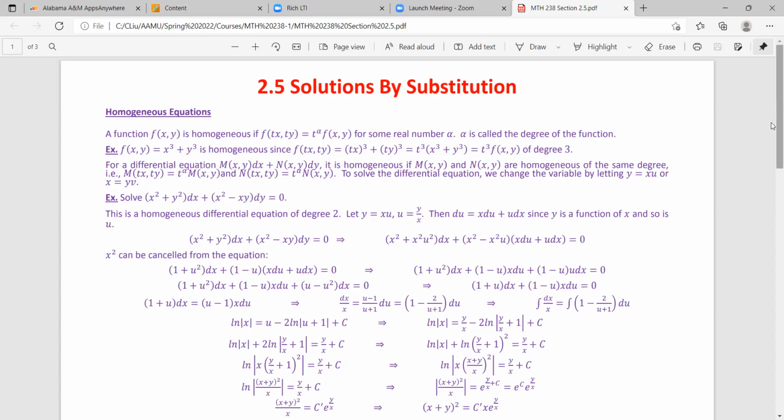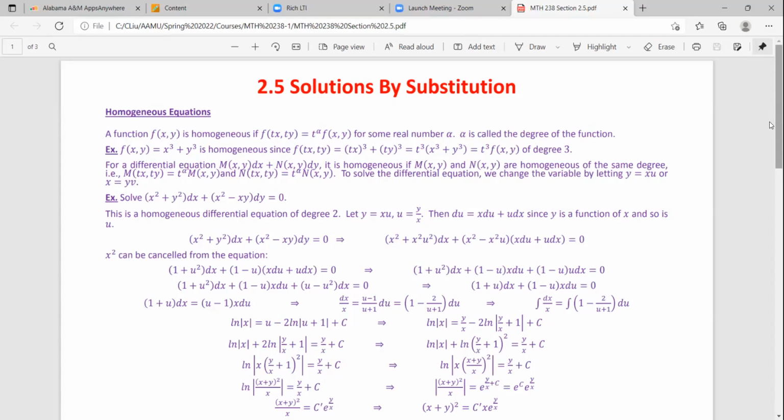So this whole chapter is about first order differential equations, and we have different problems, and we have to use different strategies to solve the equations. And still, there are a lot of problems that we cannot solve, even though we have so many methods. Okay.